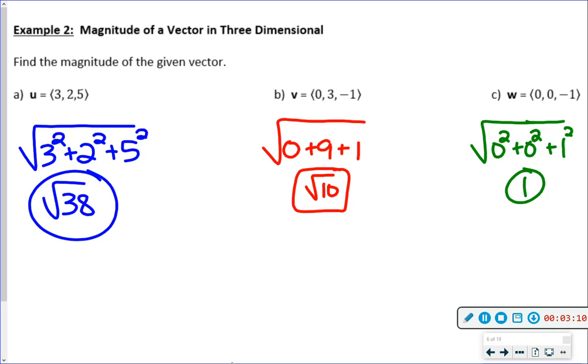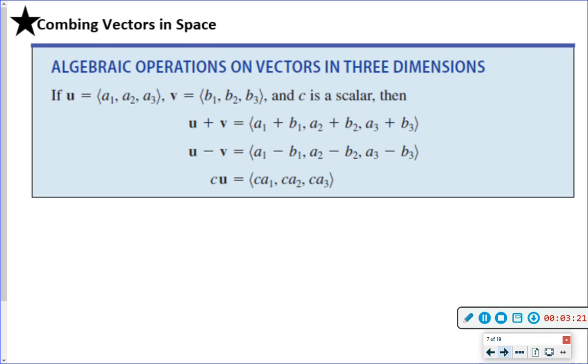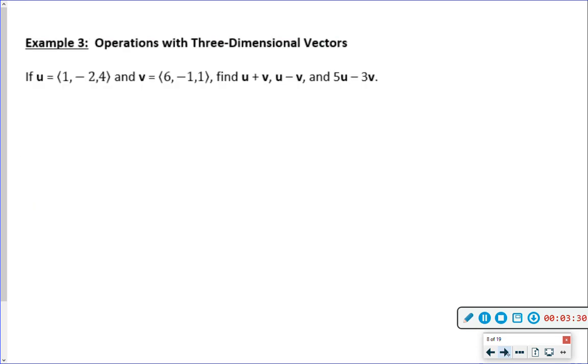Any questions on that? So now that you get the gist that it's really the same thing, you just have a third value, that's all true on this next page. Because we're going to add the vectors together, but you have a third value to add. Same on subtraction. Same if you have a scalar, you multiply it to all 3. Very exciting stuff.